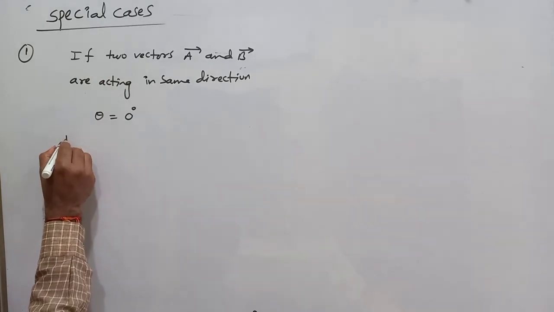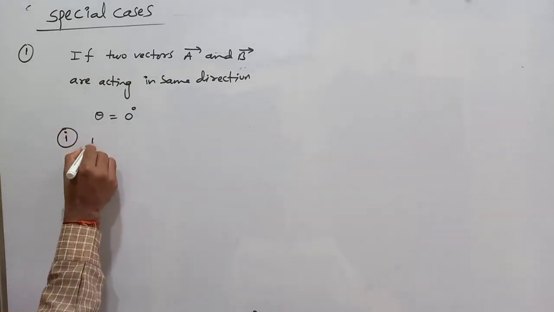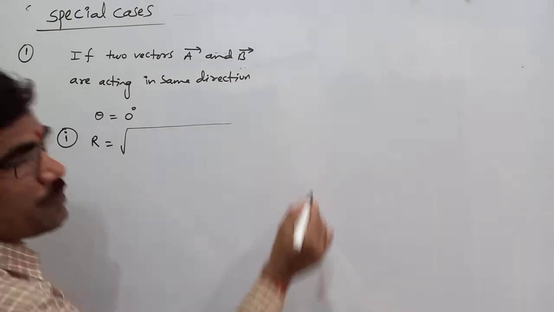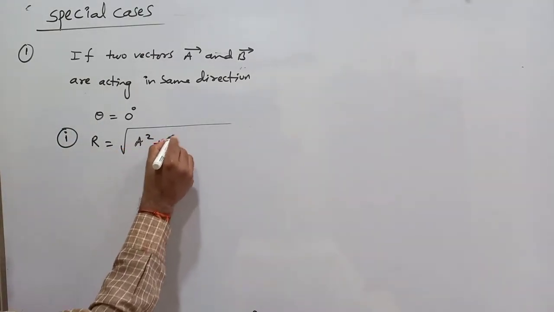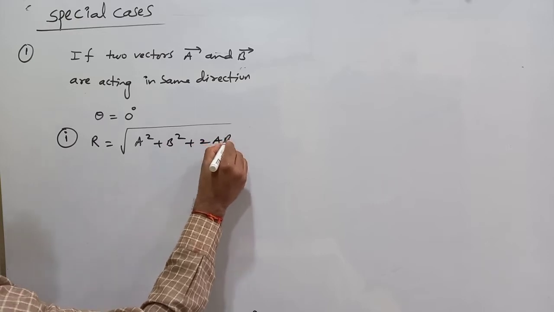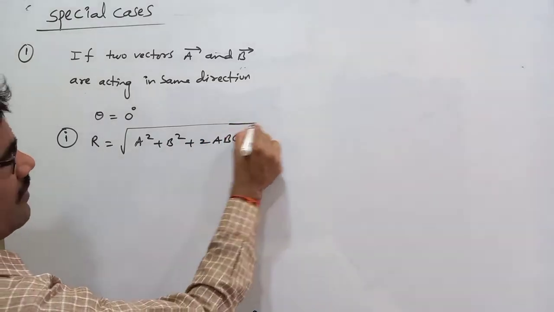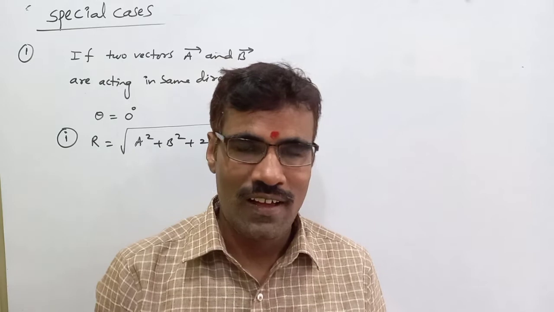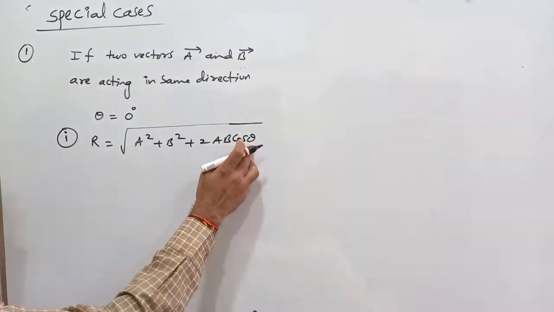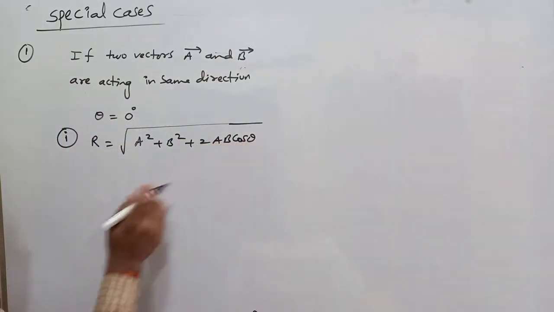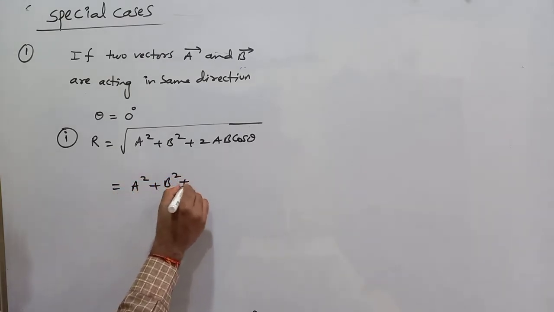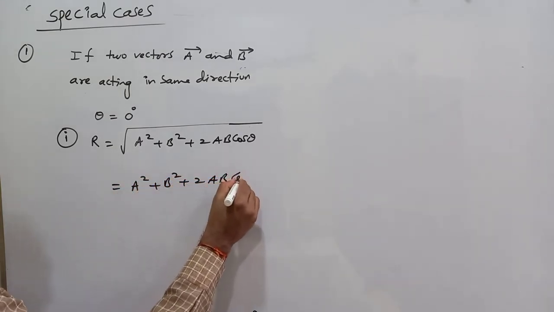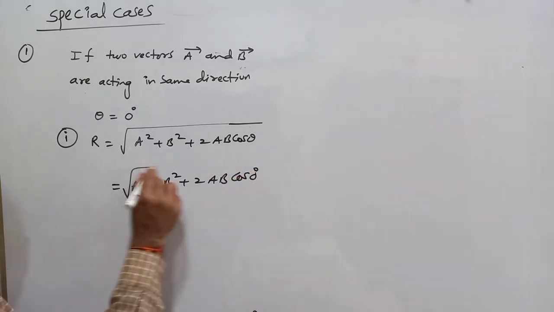Then the magnitude of the resultant vector is R equal to, we know the expression, root over A square plus B square plus 2AB cos theta. What is theta? Theta is 0. Substitute theta 0. Cos 0 is 1.